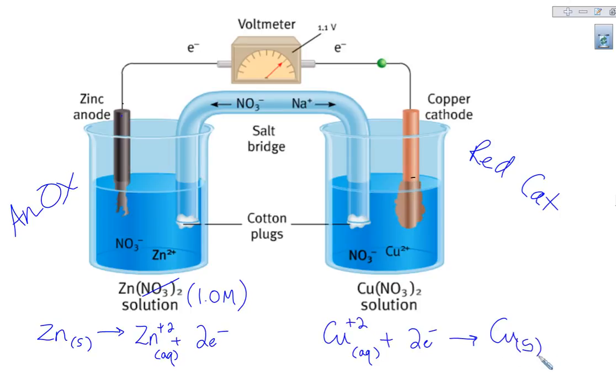Okay, so again, we have similar components. We would have probably a 1 molar solution of copper nitrate or something like that. The nitrate is irrelevant, it's a spectator. And then we'd have a piece of solid copper, just a chunk of copper metal.